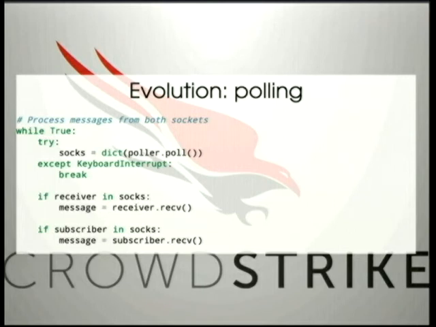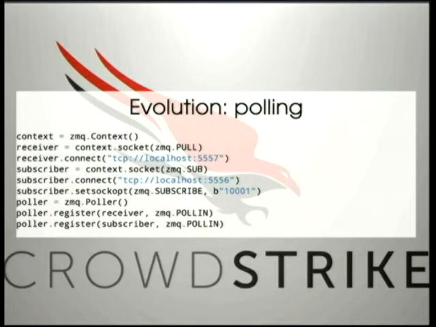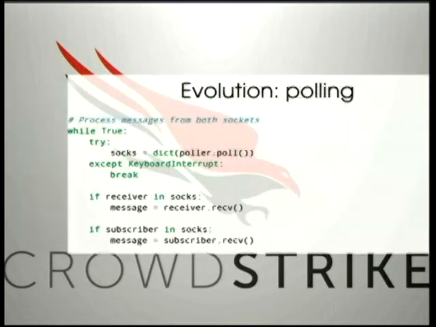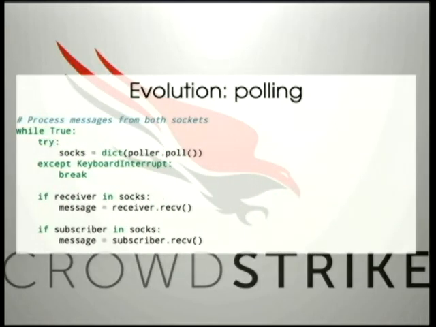Here, this is kind of the next step. I didn't have enough room on the slide, but here it's a similar while loop, but then you can wait for any event to happen on either of those, or if you have more than this number of sockets, you can wait for any event to happen on that, and then it will tell you which socket that message was on.